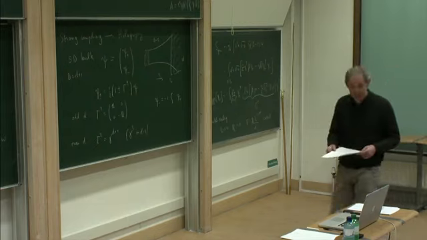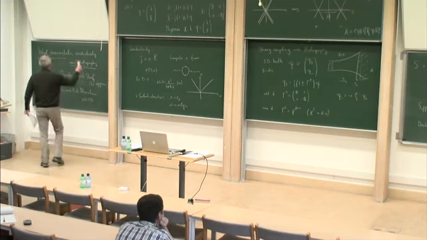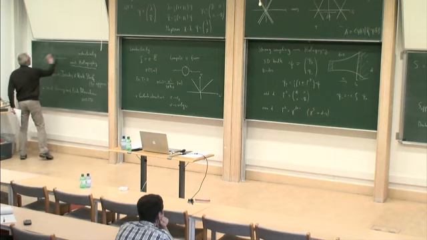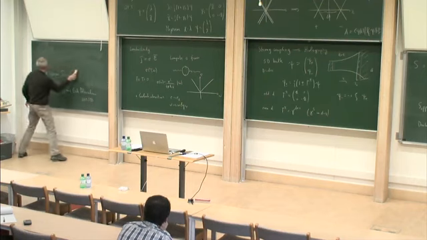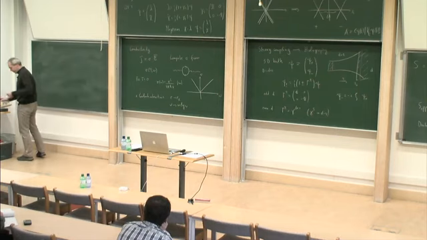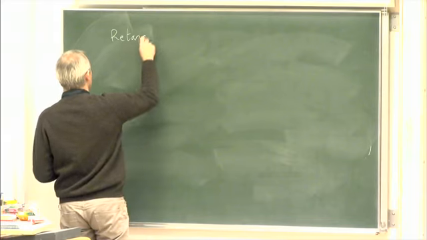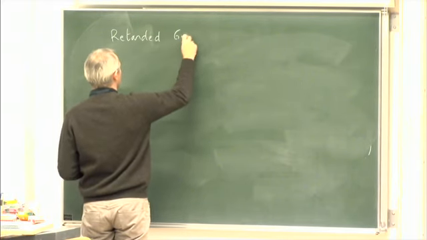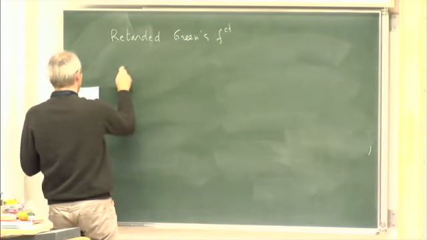Now you can kind of see what is the outcome of this. The outcome of this is that we get a new Green's function, which looks as follows. So the retarded Green's function is now in momentum space.